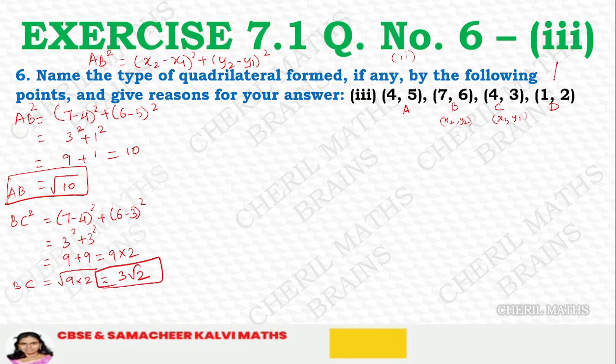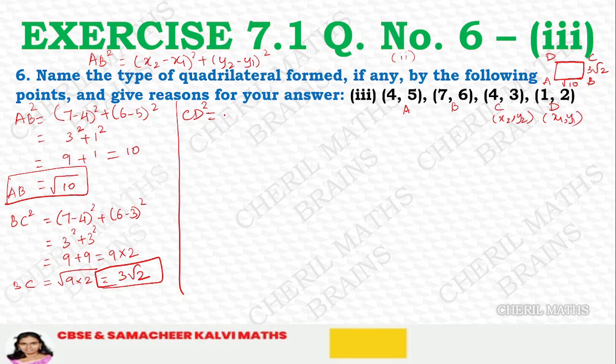If I take the quadrilateral like this, A, B, C and D, my AB is root 10, my BC is 3 root 2. Next we will do for CD and for AD. When I do for CD square, taking C and D, I am again going to take this as x2 comma y2, and this as x1 comma y1.